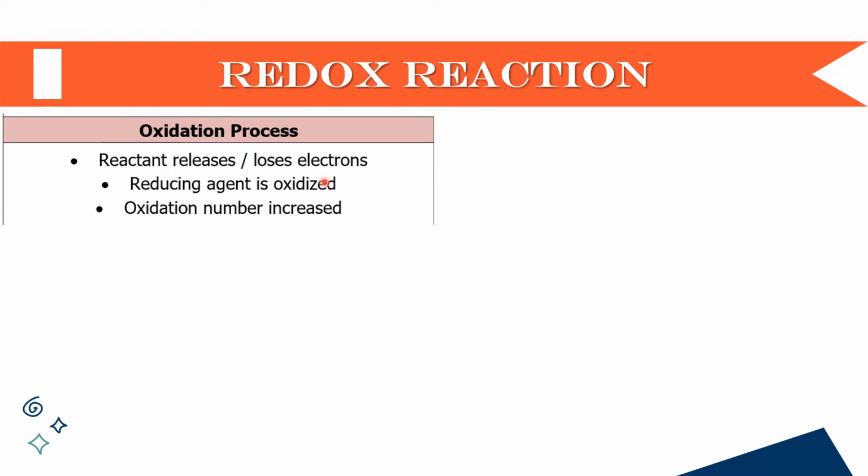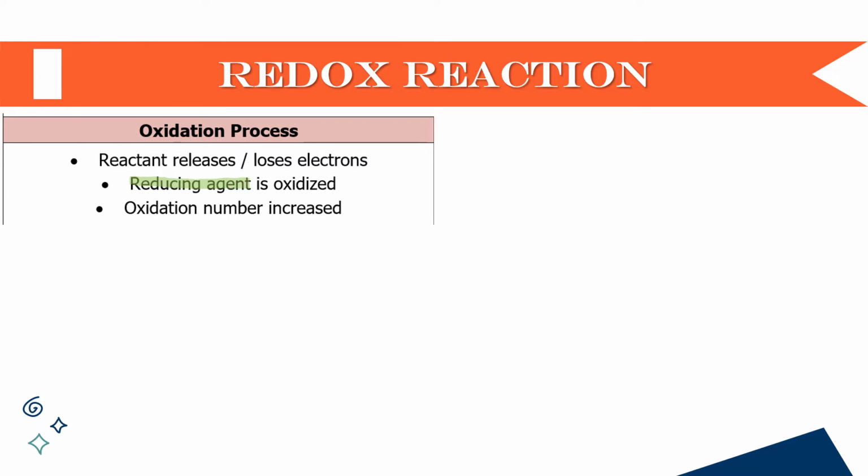For the oxidation and the reduction process, we're going to focus on the reactant. If that particular reactant undergoes oxidation, at the same time that particular reactant is called a reducing agent.